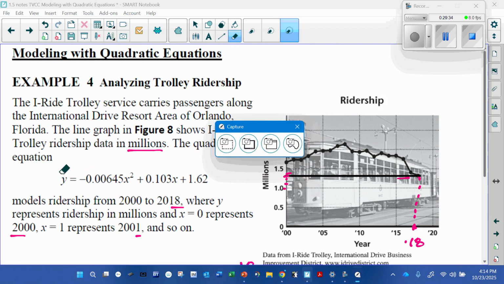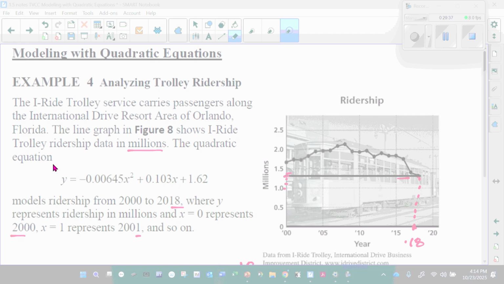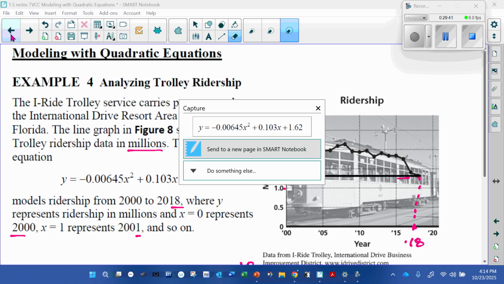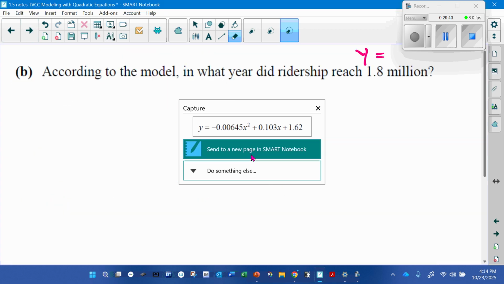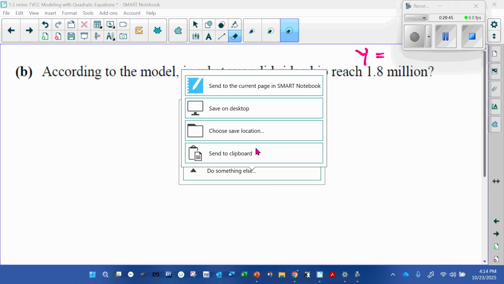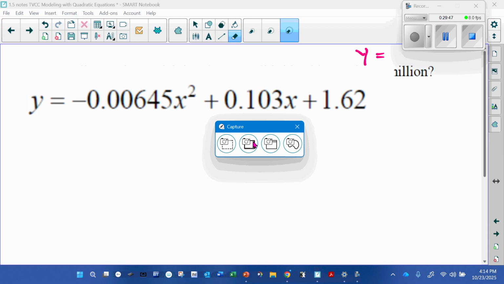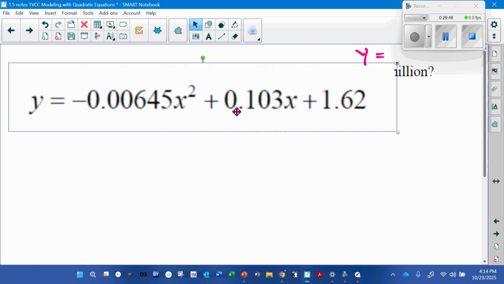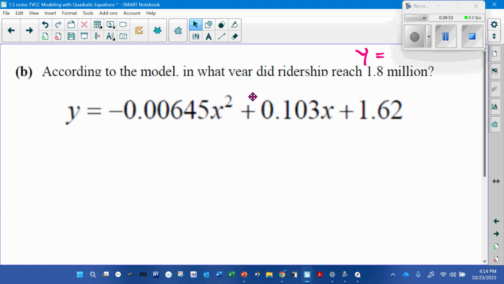So I'm going to take a little screenshot of this formula, and put it right here. All right. Now, using this formula, y is 1.8.